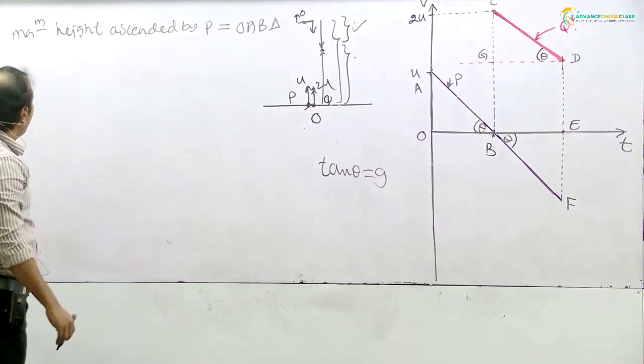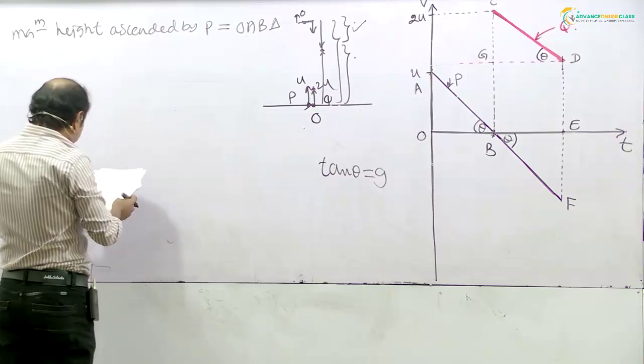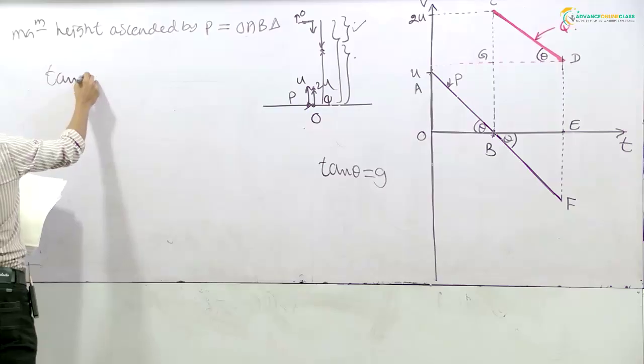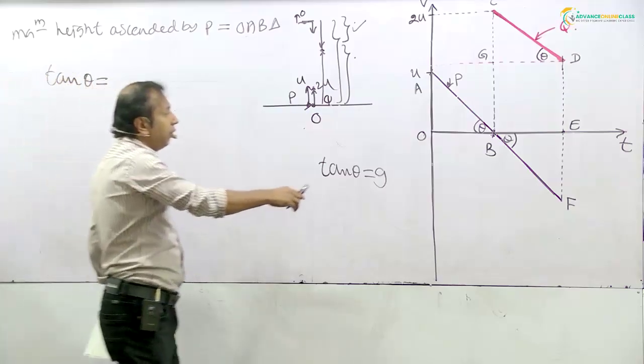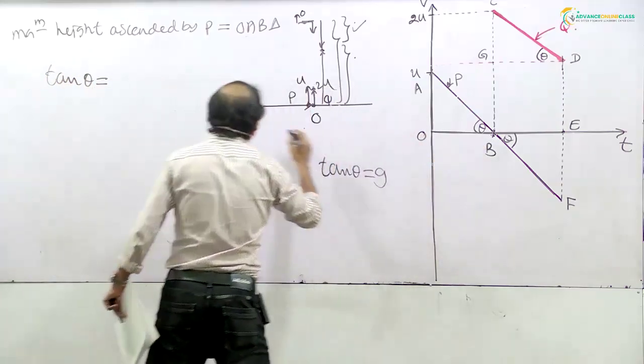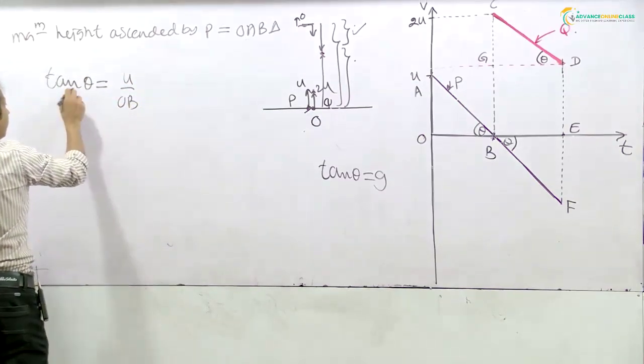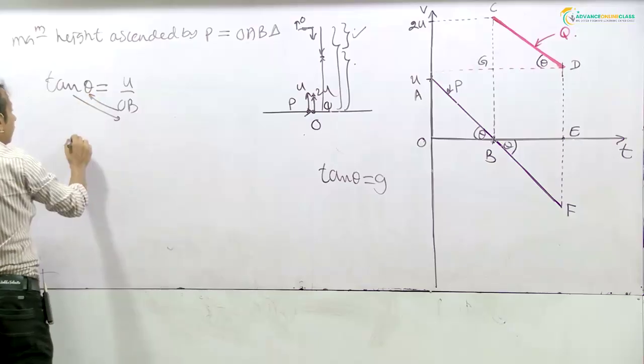Right. Now, tan theta you can write. Tan theta is U over OB. Tan theta is G. Bring G here, OB here.